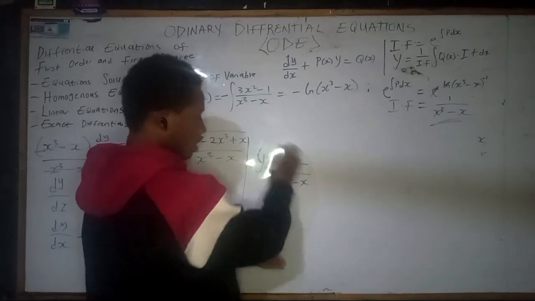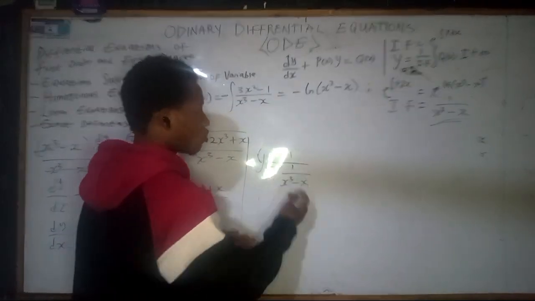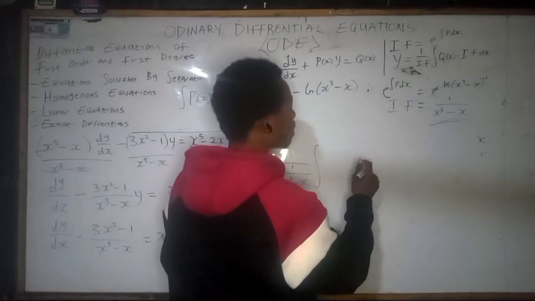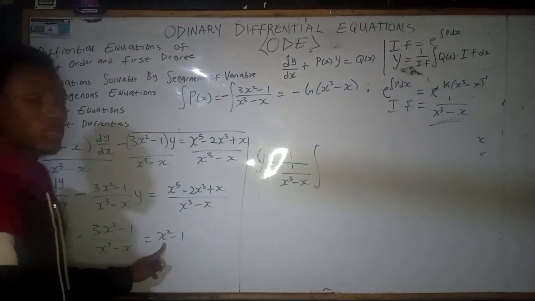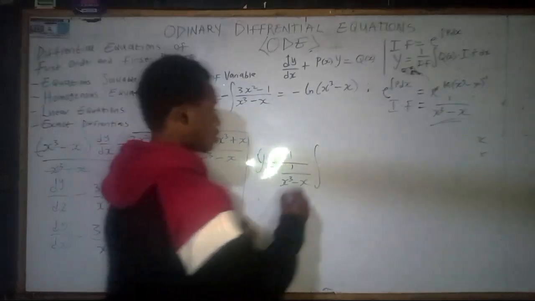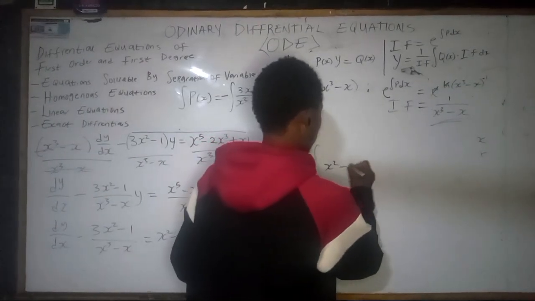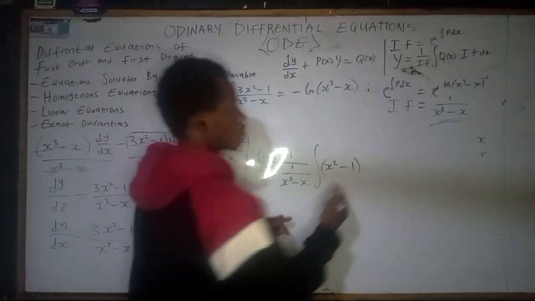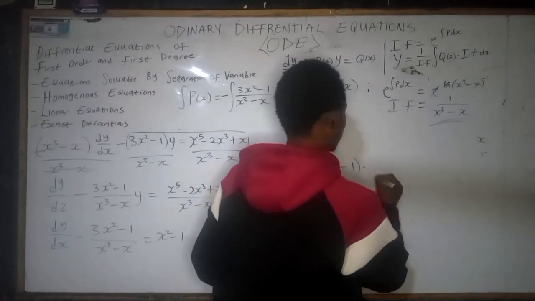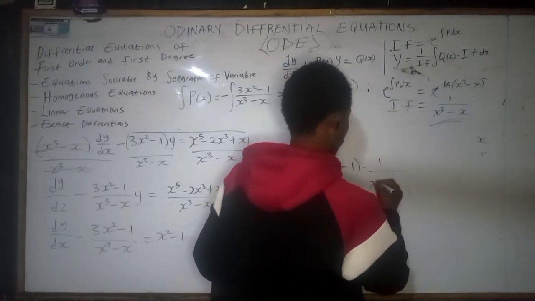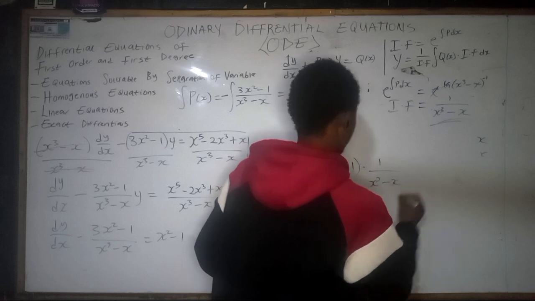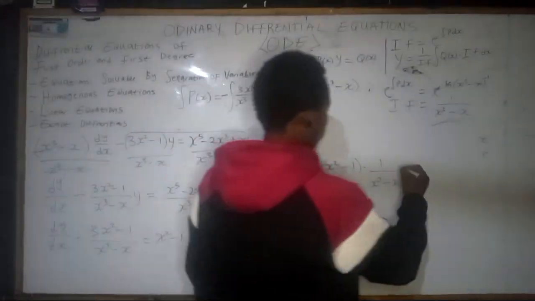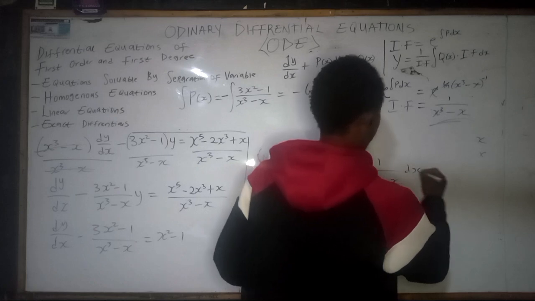And we know that if we do everything together, this is going to come up. But let's continue. The integration of q of x, our q of x is x squared minus 1. So we have x squared minus 1 multiplied by the integrating factor, which is 1 over x cubed minus x, then we have our dx sign.